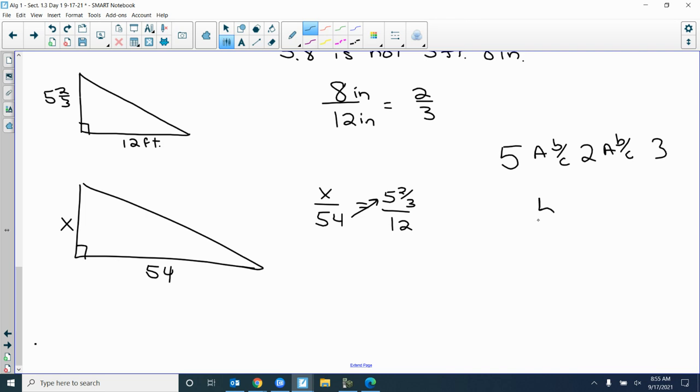How does that look on your calculator? I did it differently: I did 5, and then in parentheses I did 2/3. Okay, that should work.